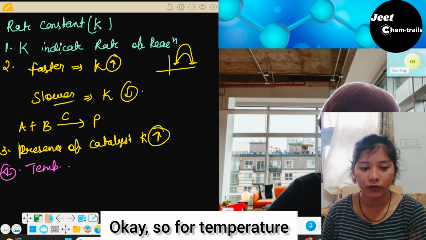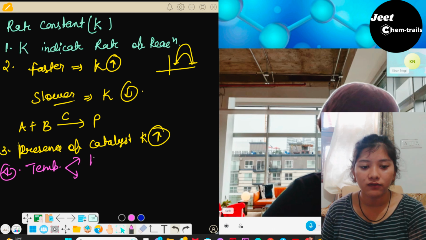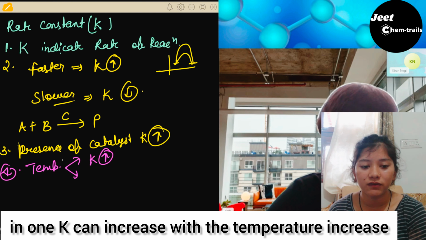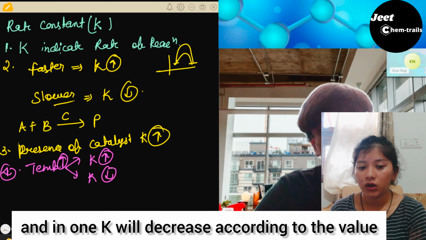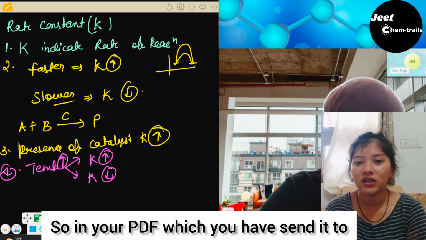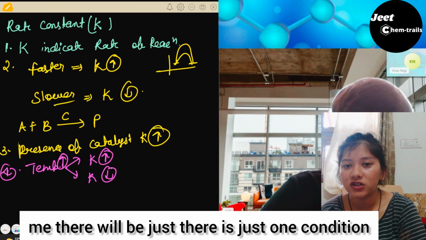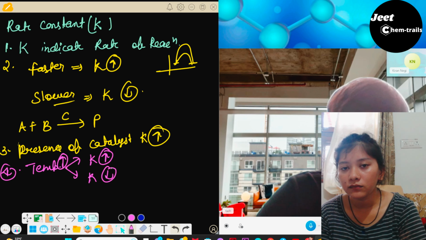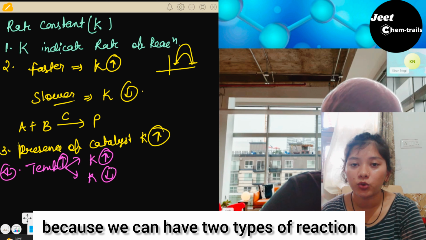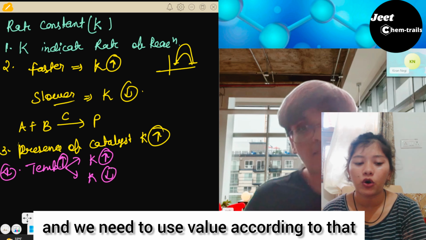So for temperature, there will be two conditions. In one, K can increase with the temperature increase, and in the other, K will decrease. So in the PDF which you have sent to me, there is just one condition. So remember that's not completely true, because we can have two types of reaction and we need to use the value according to that.